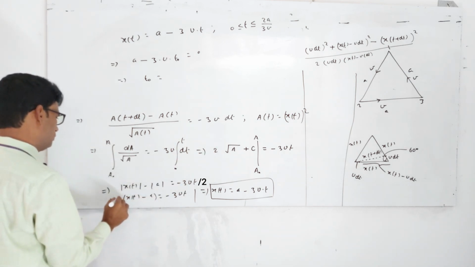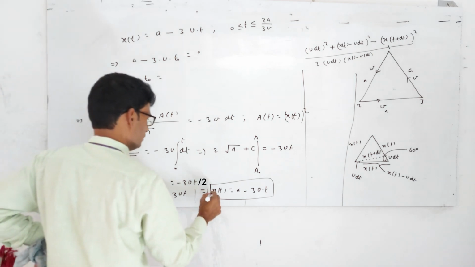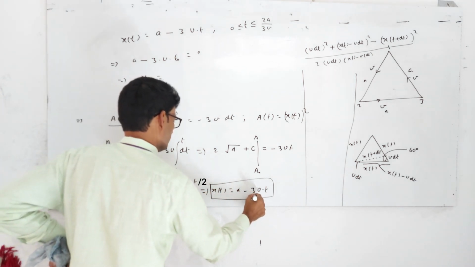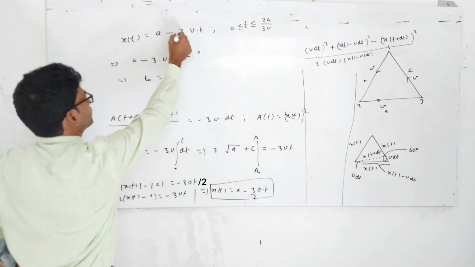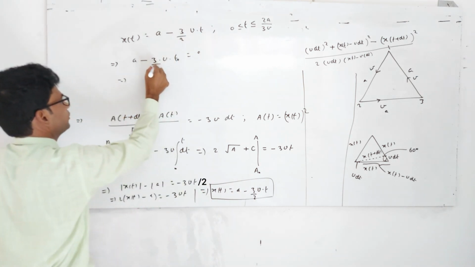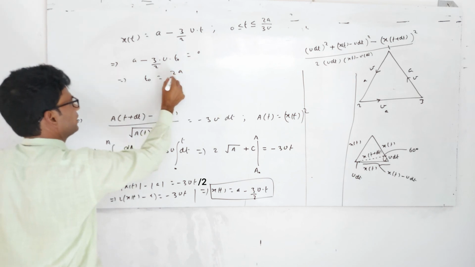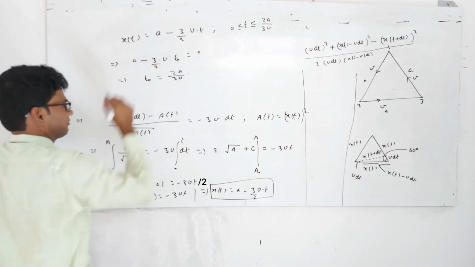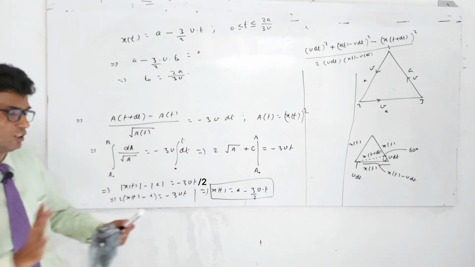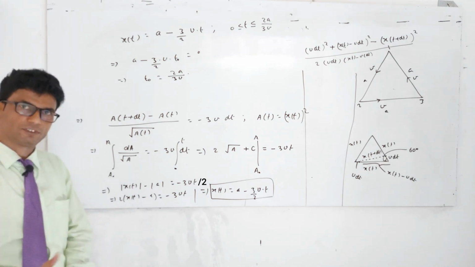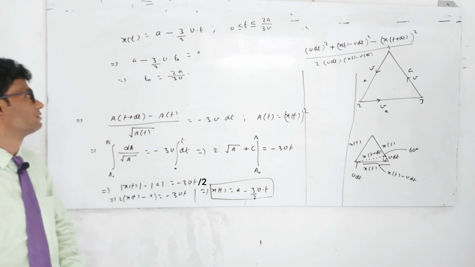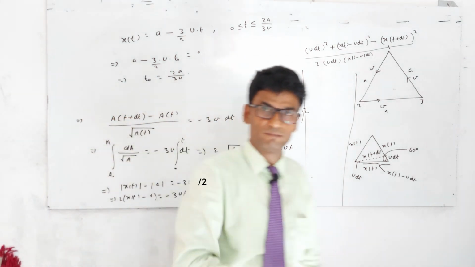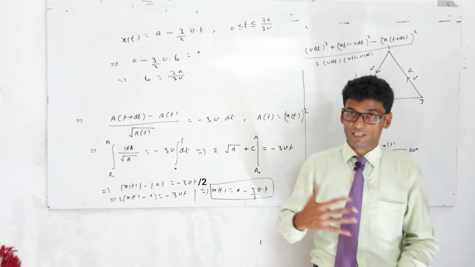So here is the 2. You may write like that here, 3 over 2. So this is twice a over 3v.